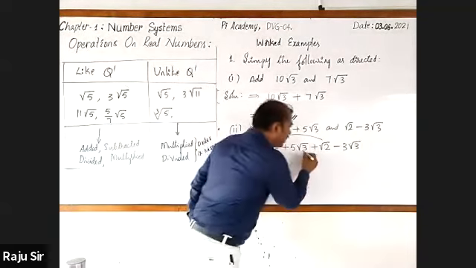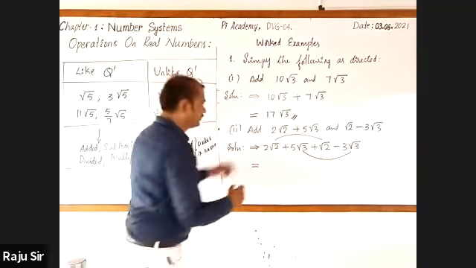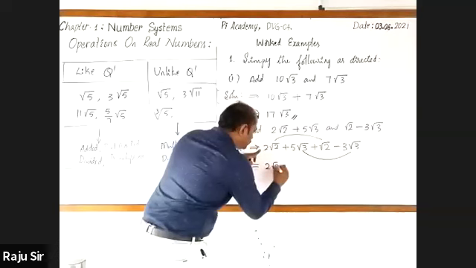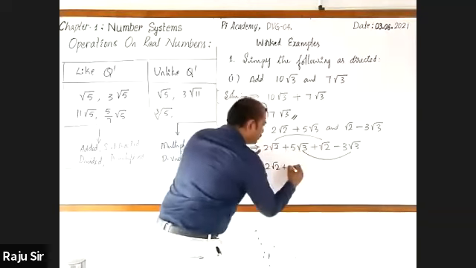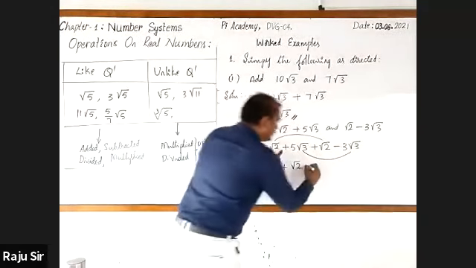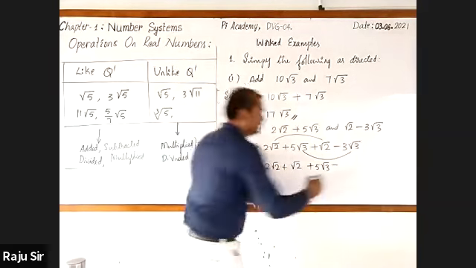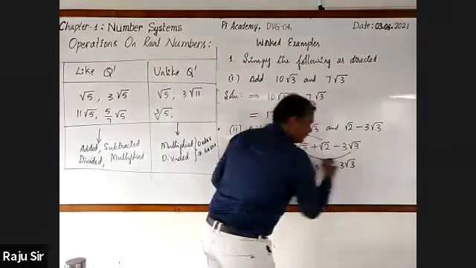Hence, these two are like. So let us group them. Write with me. 2 root 2 plus 1 root 2. Next, 5 into root 3 minus 3 into root 3.